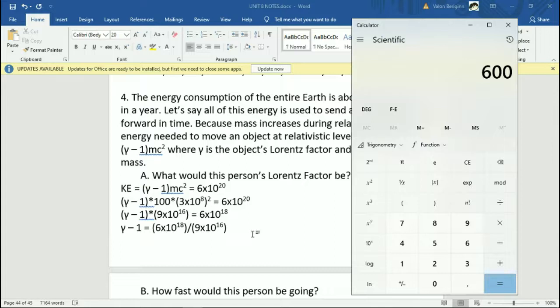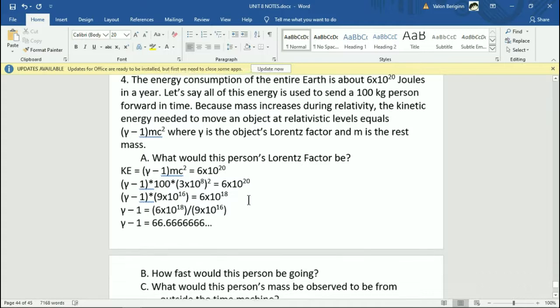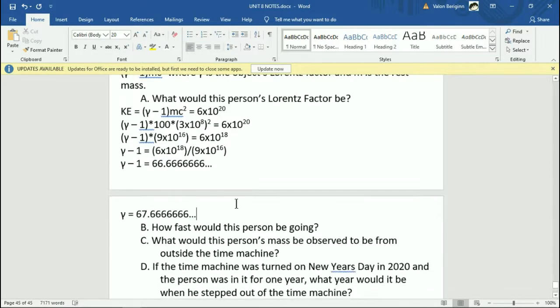Anyway, okay. 3, 6, 9, 12, 15, 18. Yeah, 66.6 repeating. Okay. So gamma minus 1 equals 66.6 repeating. So, therefore, gamma equals 67.6 repeating. So, there you go.